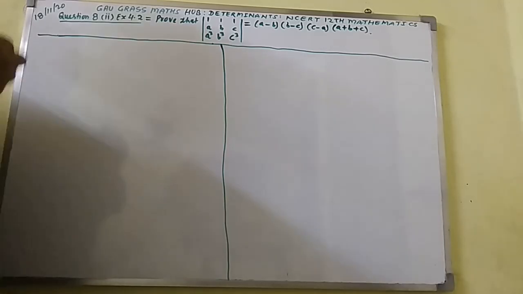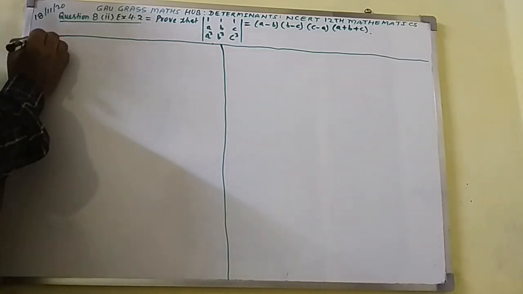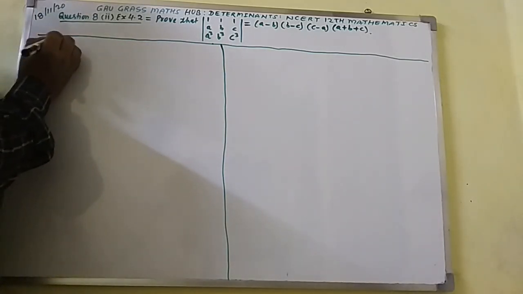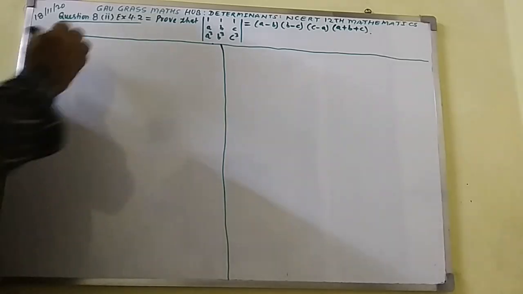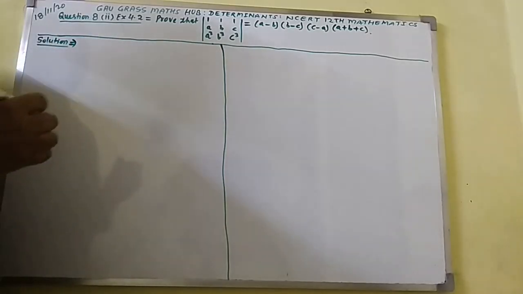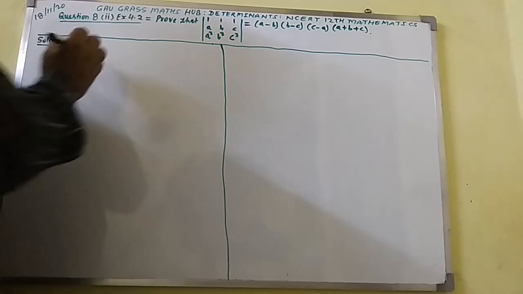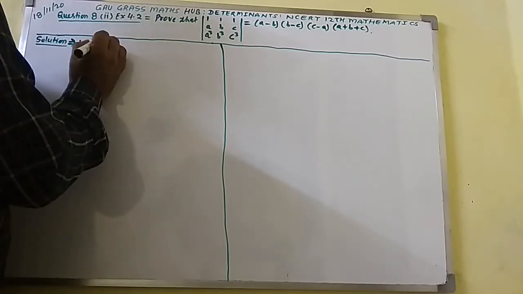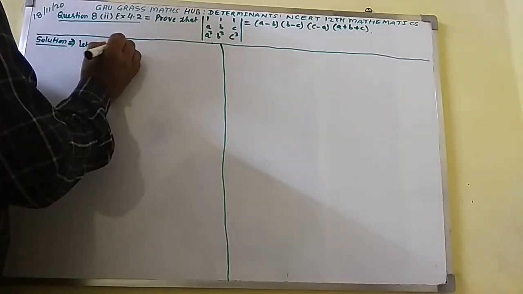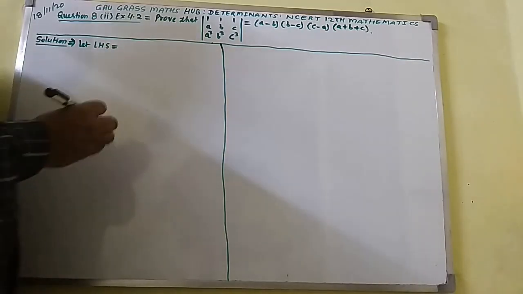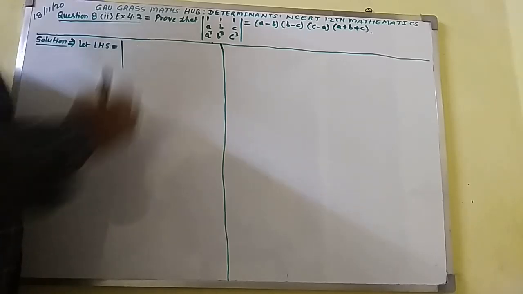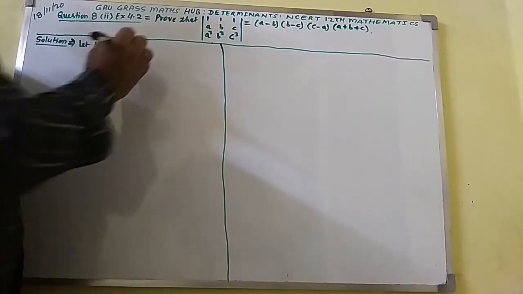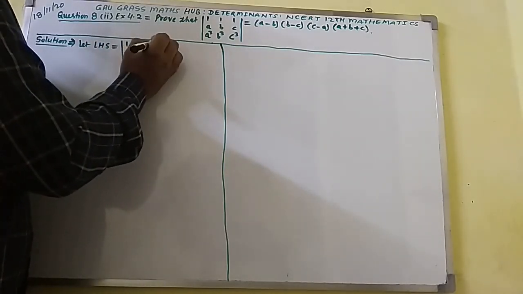Now let us come to the solution. Here I shall write the solution. Let LHS equal to the determinant. Opening the vertical lines, the elements of the first row will be 1, 1, 1.